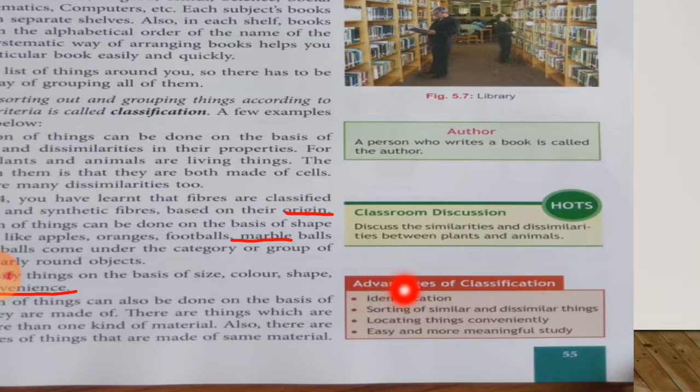Now the third, locating things conveniently. So we can search things easily. Next, easy and more meaningful study. By knowing about the classification of things, we can read it easily and we can study meaningfully.